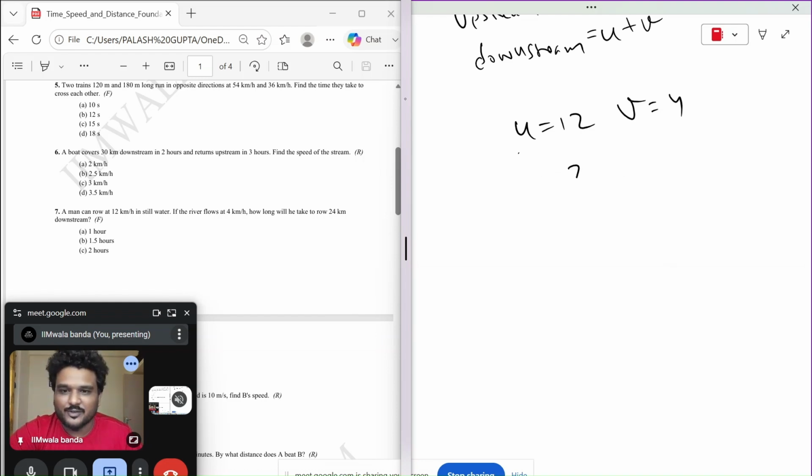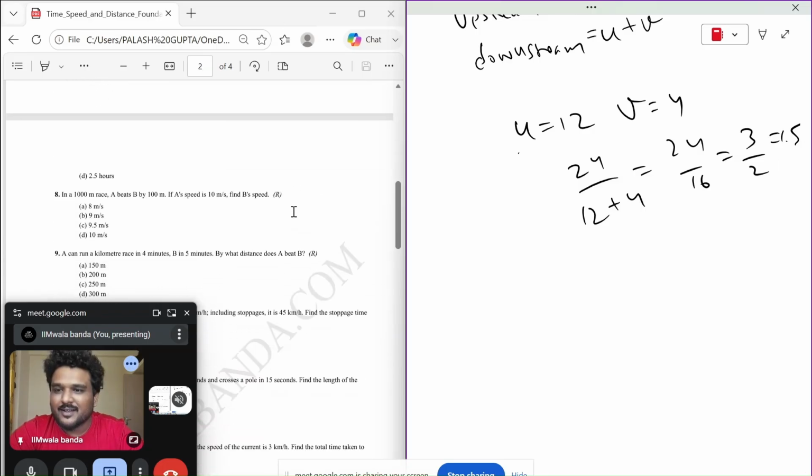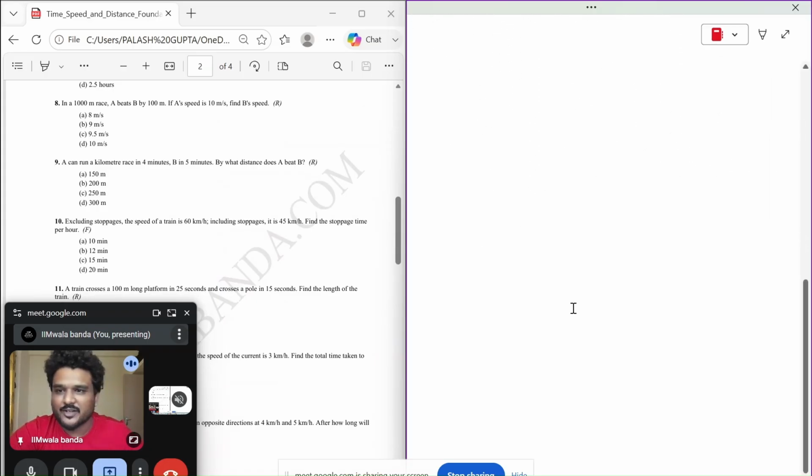Very direct question. The distance I know, and everything is kilometer per hour, so the answer will also come in hours. And downstream, so U plus V. So 24 by 16, 8, 16, 24, 8 to the 16, 1.5. Very direct question. It will just make you very sure about this concept. That is why I'm taking all of these questions.